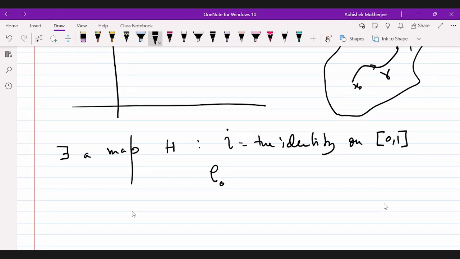That means it is a function from the closed unit interval to the closed unit interval, satisfying that t goes to 0.